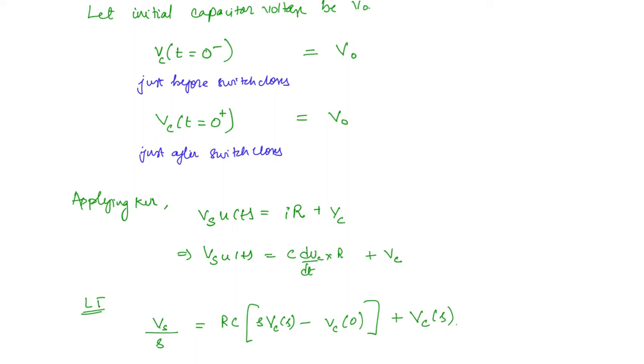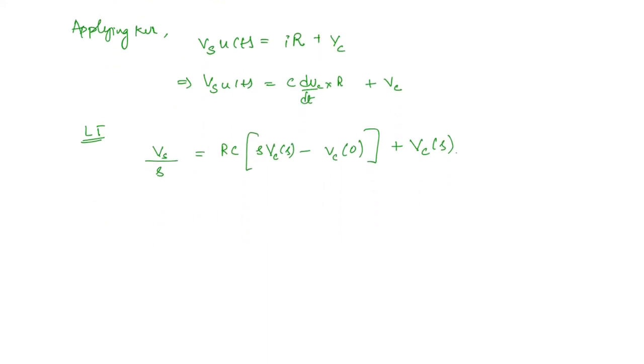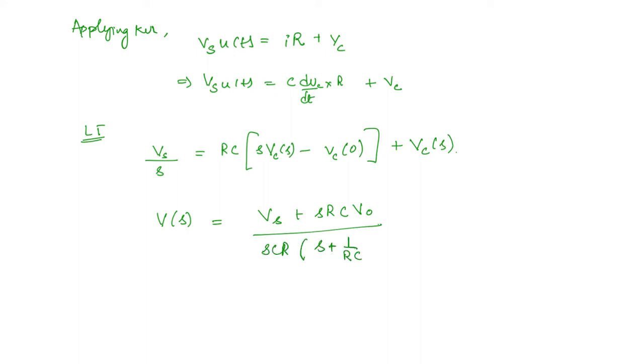So, now you must be understanding why we changed I in the form of Vc and not Vc in terms of I, okay. We need to get it in the form of Vc(s) because we have the initial value here. So, if you rearrange, you will get the function Vc(s) as (Vs plus sRC V0) divided by, here instead of Vc(0) I have simply taken V0 because that was the initial value that we took, right, divided by sRC into (s plus 1/RC), okay.